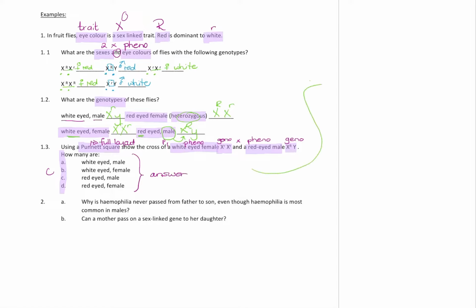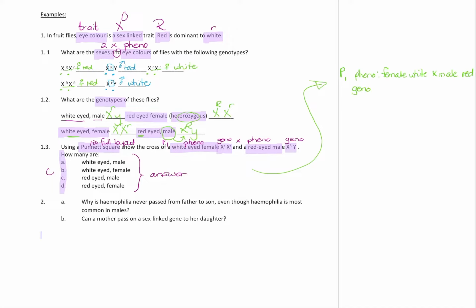Right, so let's have a look at the layout. Here are the P1 parents, and the phenotype for these parents are a white-eyed female crossing with a male with red eyes.